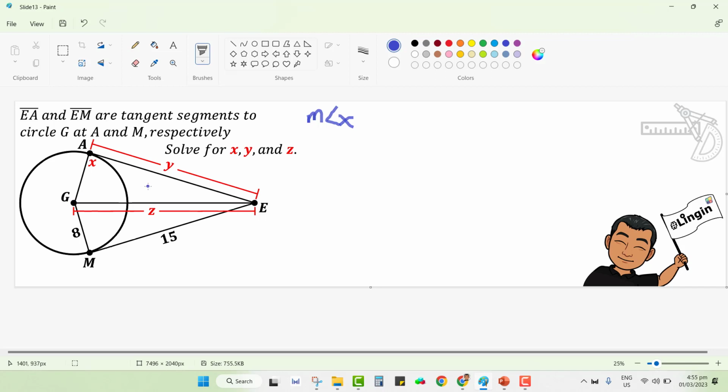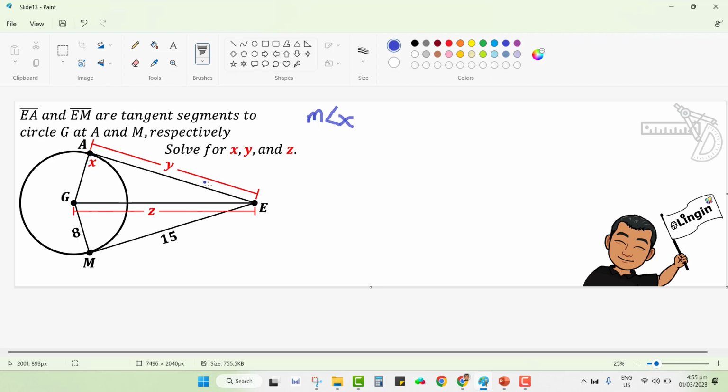There is a unique relationship between the angle formed by a tangent segment and a radius, and this is actually guided by a theorem, the tangent chord theorem, or in this case it's just half of the chord.